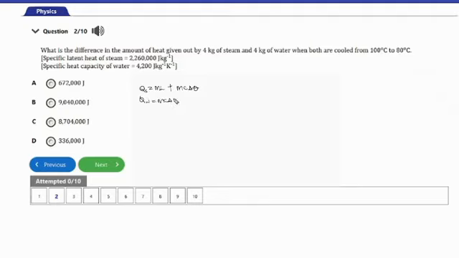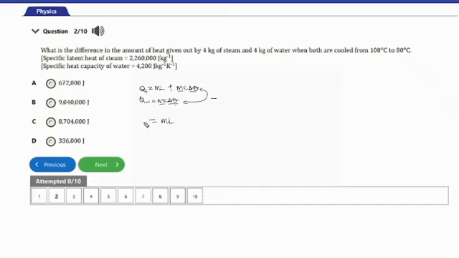If we're going to solve this out together, Q will be ml plus mc delta theta for steam, and then Q is equal to mc delta theta for water. But since both of them have the same mass and the same change in temperature, if we subtract, that's ml plus mc delta theta for steam minus mc delta theta for water, we're just going to have ml.